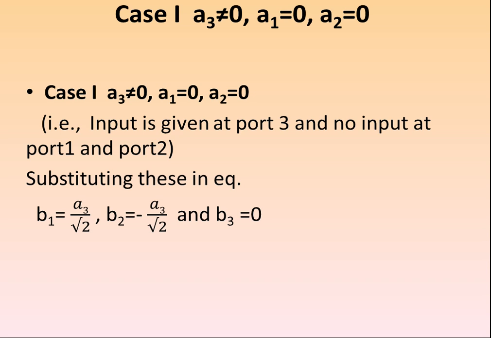If we substitute these values in the previous equations of the output of the E Plane Tee, what we get is B1 is equal to A3 by root 2 and B2 is equal to minus A3 by root 2. B3 is equal to 0.